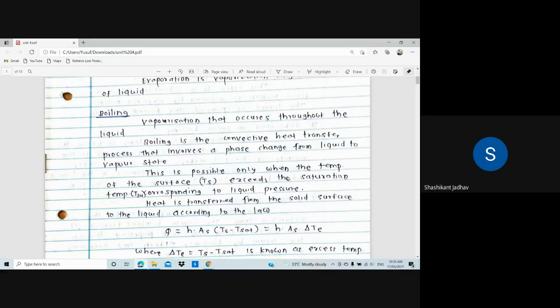Boiling is nothing but vaporization that occurs throughout the liquid.